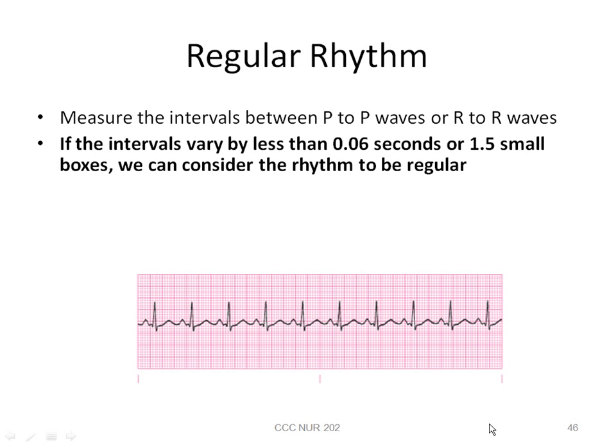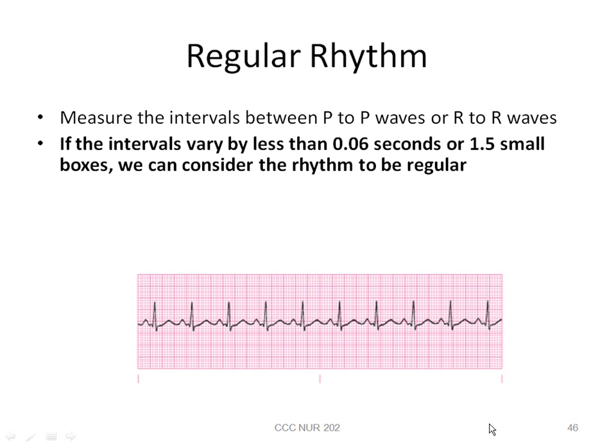Now, I have to be honest with you. On some of these rhythm strips, guys, listen to me. Let me get your attention. Look right here. On all those rhythm strips, you're not going to have to sit down and do all this stuff. Some of those are going to be visually recognizable strips.